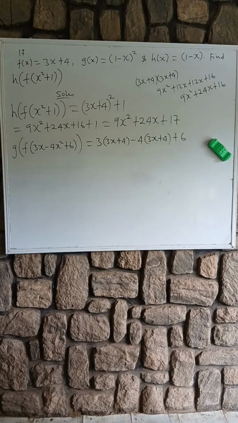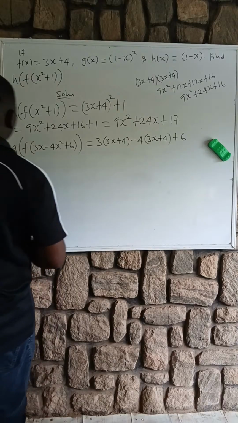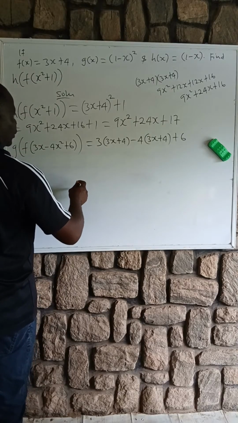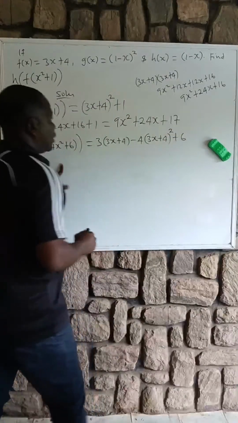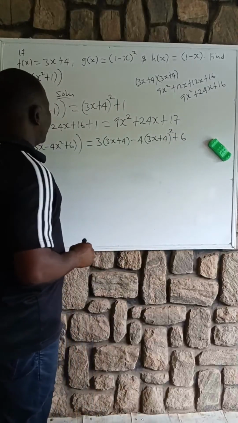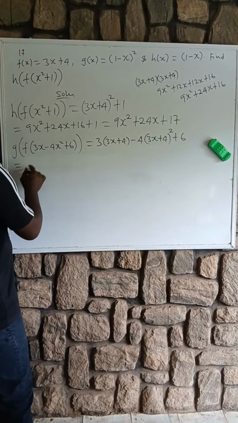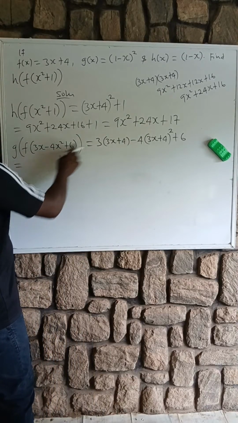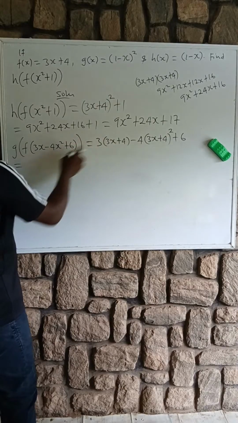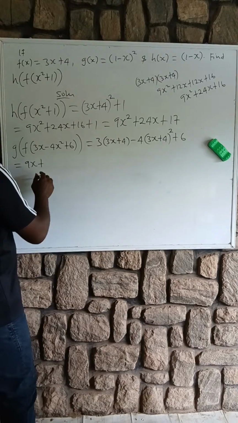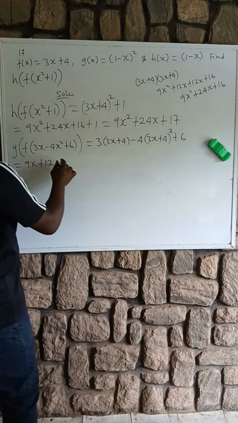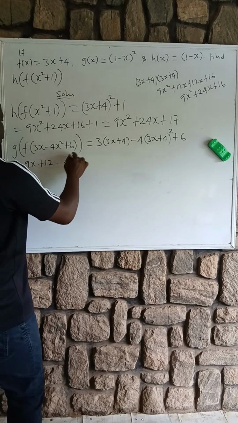Okay. So if you are following, it means that our x here is squared, right? So this is going to give us, multiplying out, 3 times 3x, 9x, plus 3 times 4, 12, minus 4.